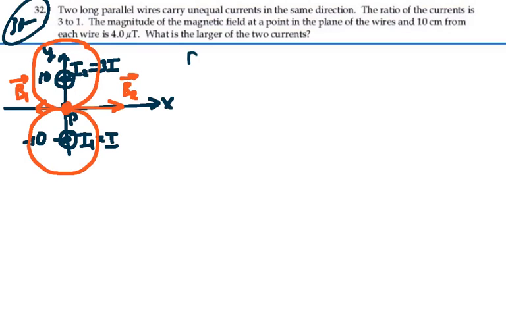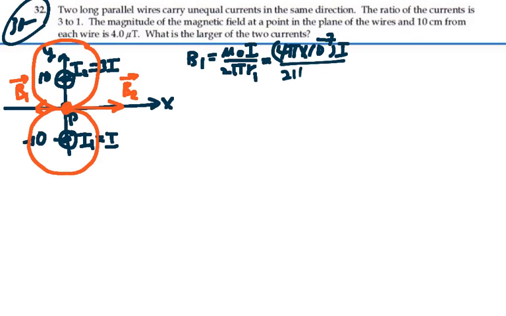Alright, so B1 is going to be equal to mu naught I over 2 pi R1, and that is going to be 4 pi times 10 to the minus 7 for mu naught times I over 2 pi, and we are 10 centimeters, 10 times 10 to the minus 2 meters away.